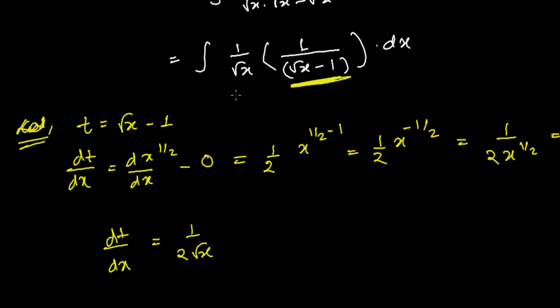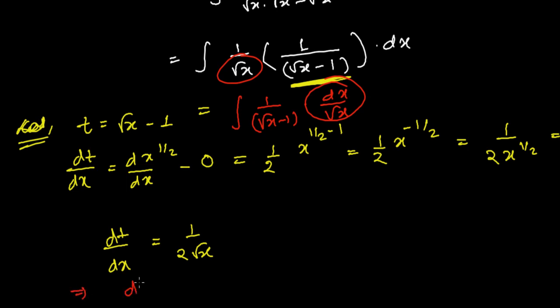But in the question I have only 1 over root x. I'm just rearranging the question. It's 1 over root x minus 1 times dx, and root x is coming down, so this particular thing I can make happen here. Twice of dt, this 2 is multiplying here, and this dx is coming here, so it will be dx over root x.